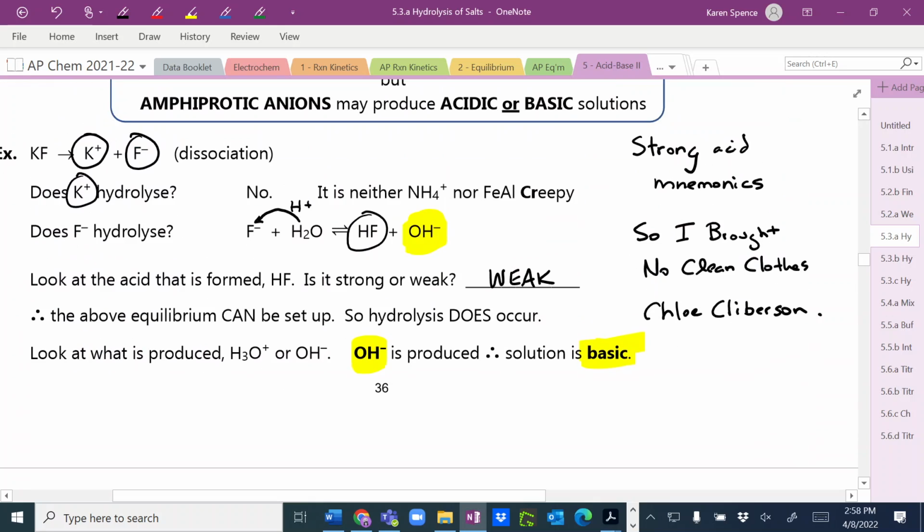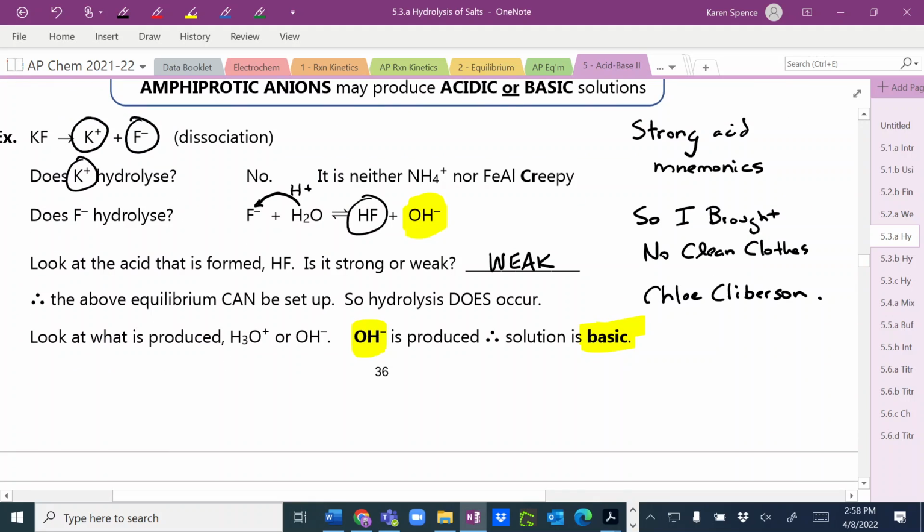Actually, I want to bring something to your attention. So often students will look at this and they'll be like, oh, look, I produced an acid, therefore the solution must be acidic. But any weak acid-base equilibrium will have an acid and a base in it.